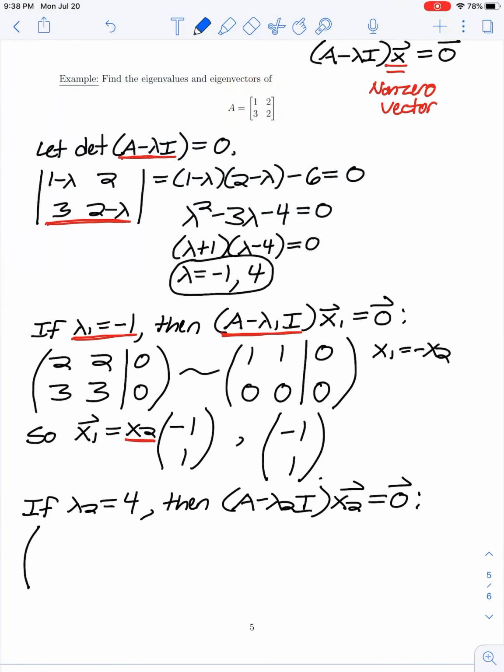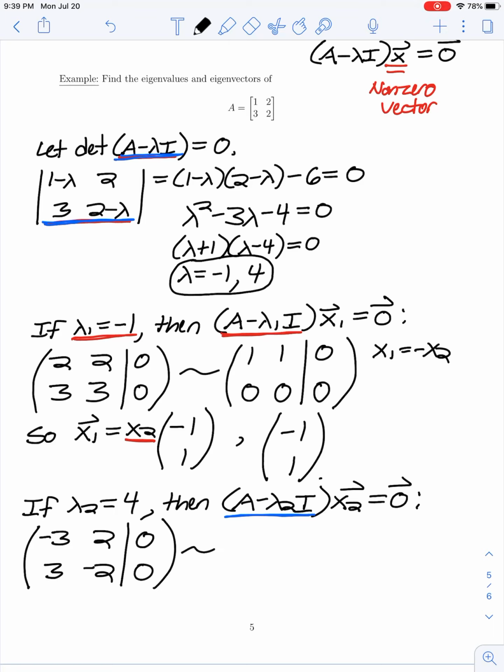Remember, this matrix A minus lambda I is the same matrix we took the determinant of to find our eigenvalues. Substituting 4 into that matrix, we have a first row of -3, 2, and a second row of 3, -2. Again, our rows and columns are clearly linearly dependent, so we know that we'll have a non-trivial solution of this system.